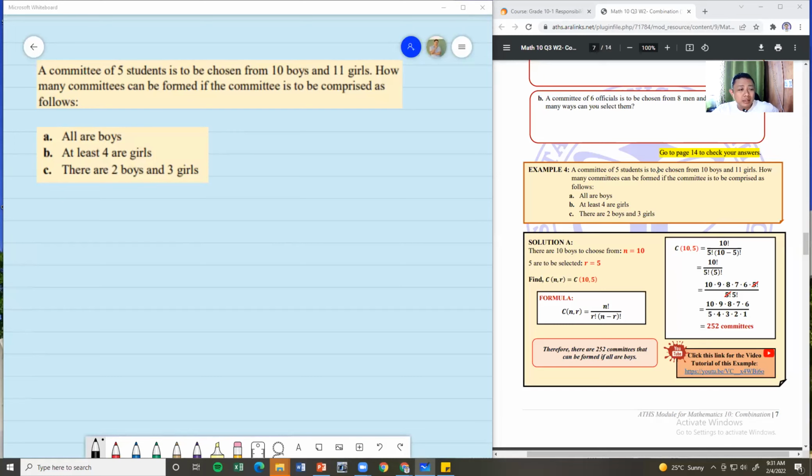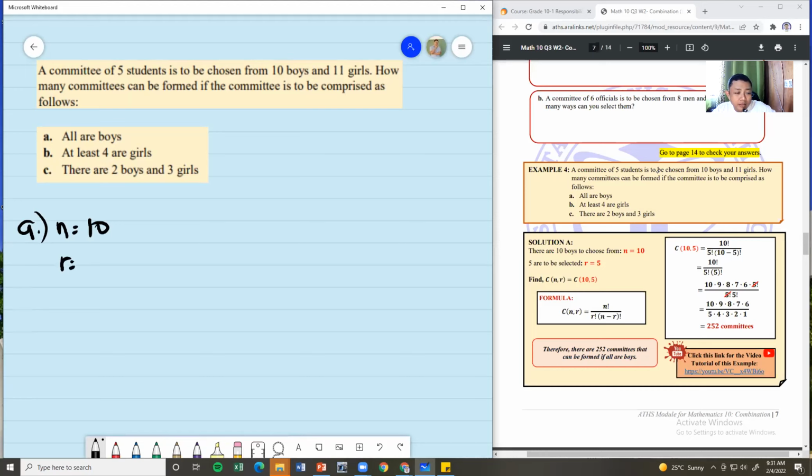So for letter A, your N will be only the boys, and they are 10 boys. And your R will be 5 students.